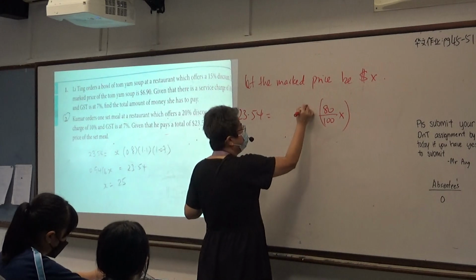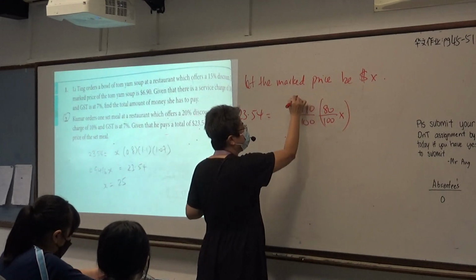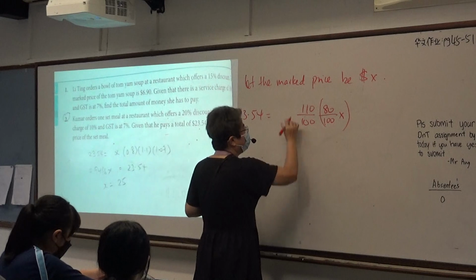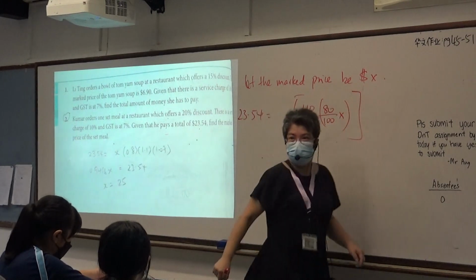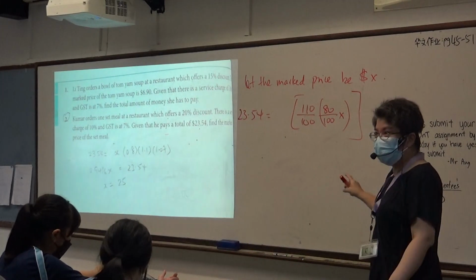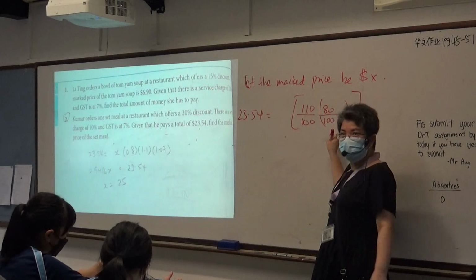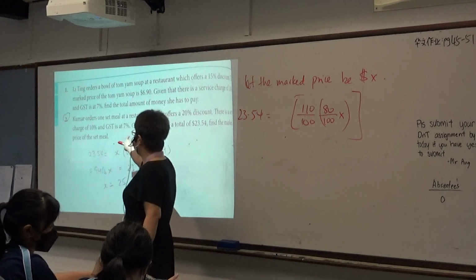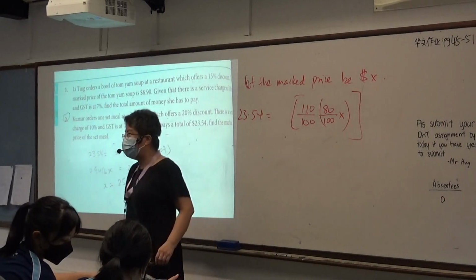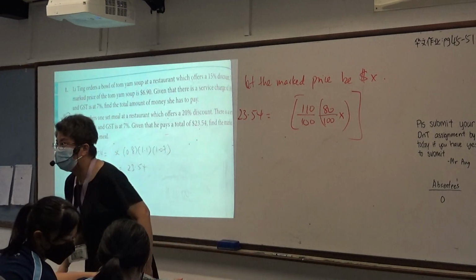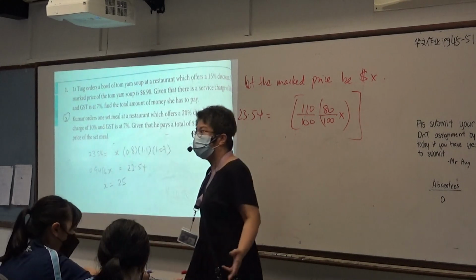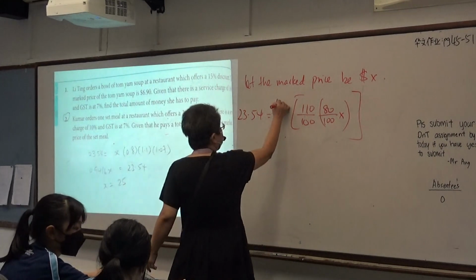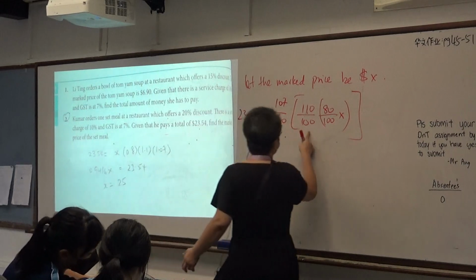This will be 110 over 100 times this one, right? Correct. 110% of this answer, now. Correct. Then what did they say? A further what? 7% of what? GST. So total is how many percent? 107 of this total. Am I right?